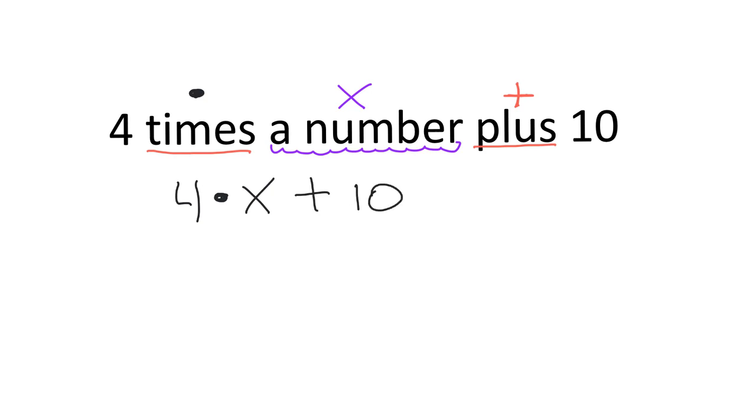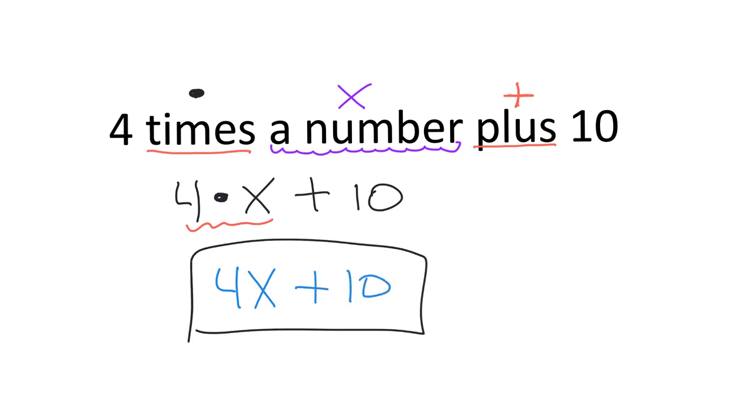Now here, we don't need that times in the middle, because remember when you have a variable with a number, they're multiplying, you don't need to put the times in the middle. So I'm just going to write down the 4x, and I bring down the plus 10, and that's the algebraic expression that represents this sentence, 4 times a number plus 10.